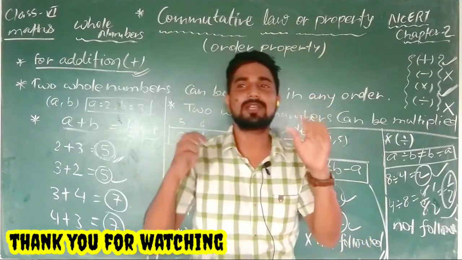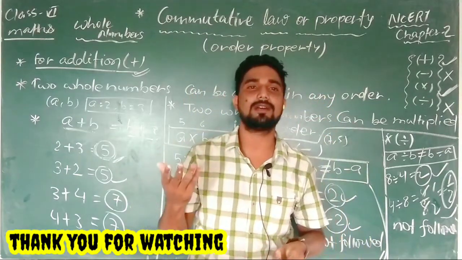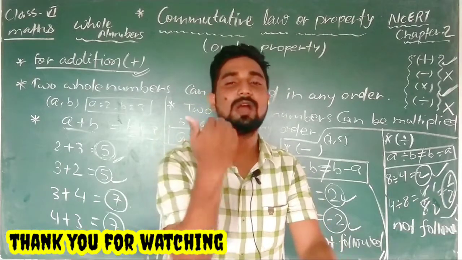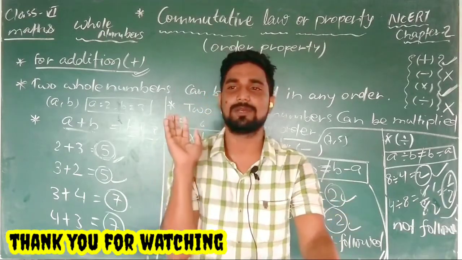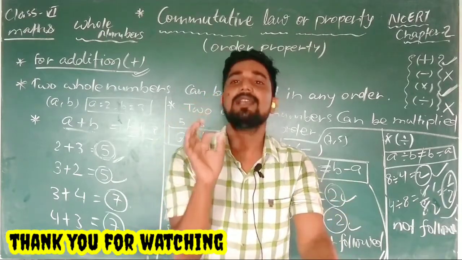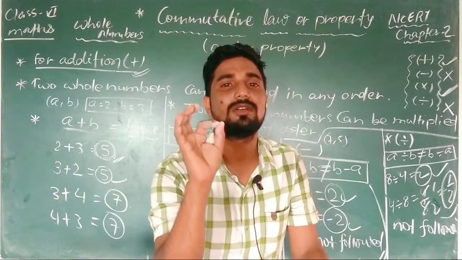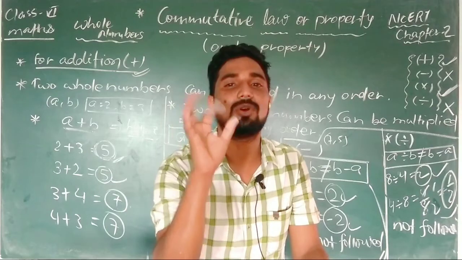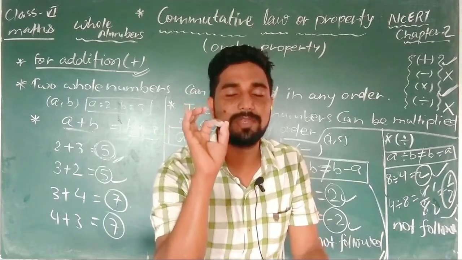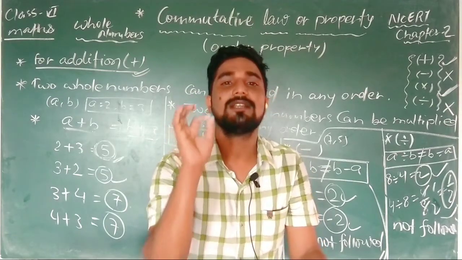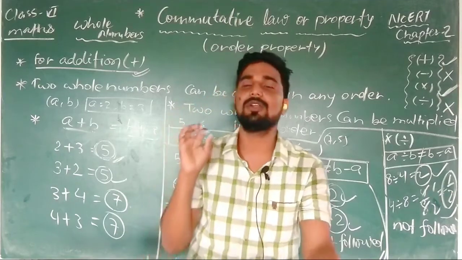So if you say sum, it will be understood that you have added there. No need to say addition operation. You have to simply say, when we change the order of two numbers, the sum remains constant. When we change the order of two whole numbers, the product remains the same or constant.